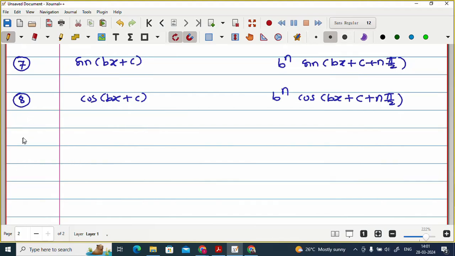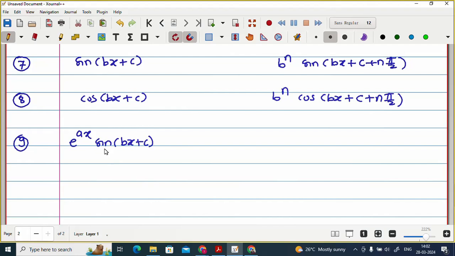Next, ninth formula, we are just listing, we will see the examples on this. You have to remember all these formulae. So ninth, it is for e raised to x sine of bx plus c.